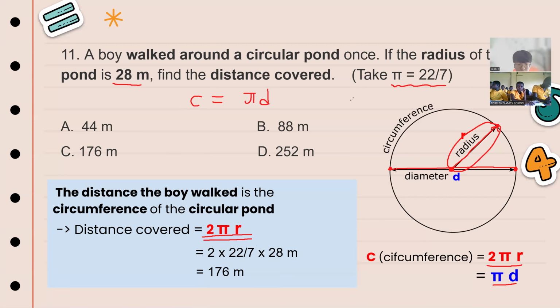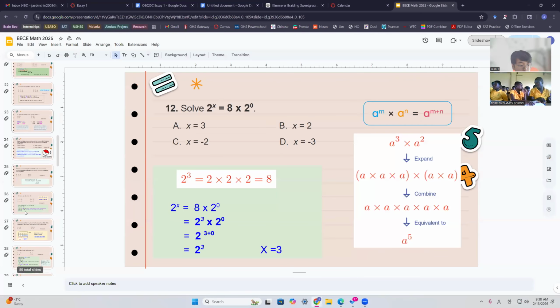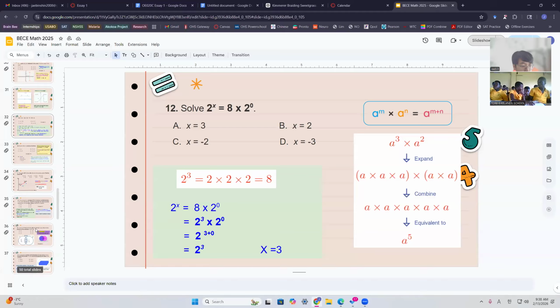And I wanted you to understand that 2 times the radius is equal to the diameter. So that is the last part for today.